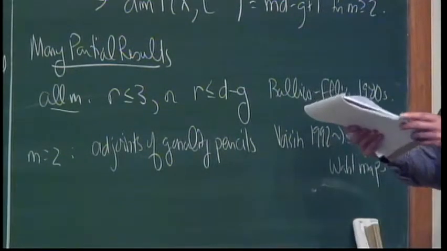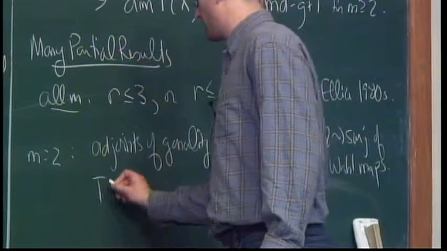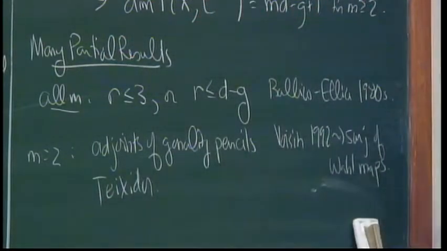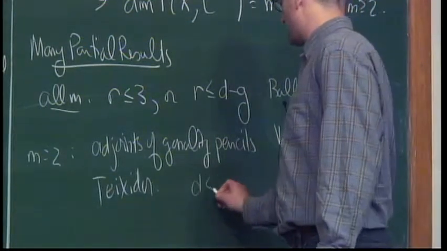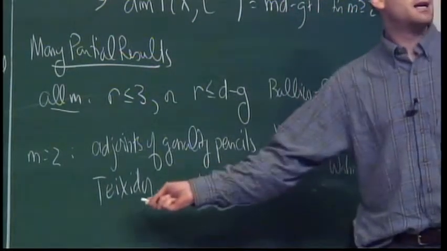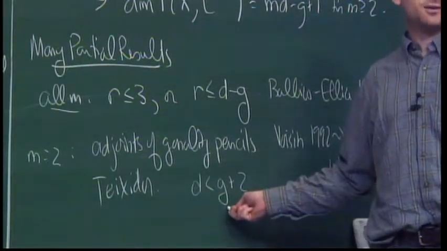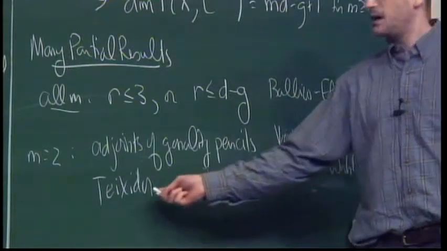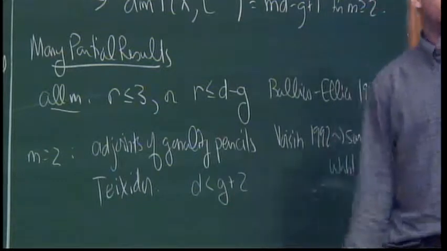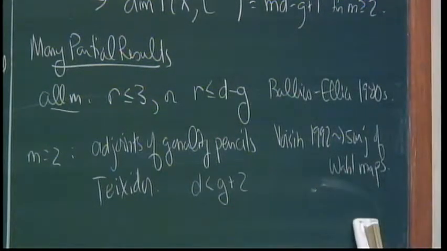Other cases for m equals 2. Teixidor proved a strong form of the conjecture for m equals 2 when d is less than g plus 2. So in fact, here she proved that the maximal rank condition holds not just for a general linear series, but for every linear series of this degree, when d is less than g plus 2.